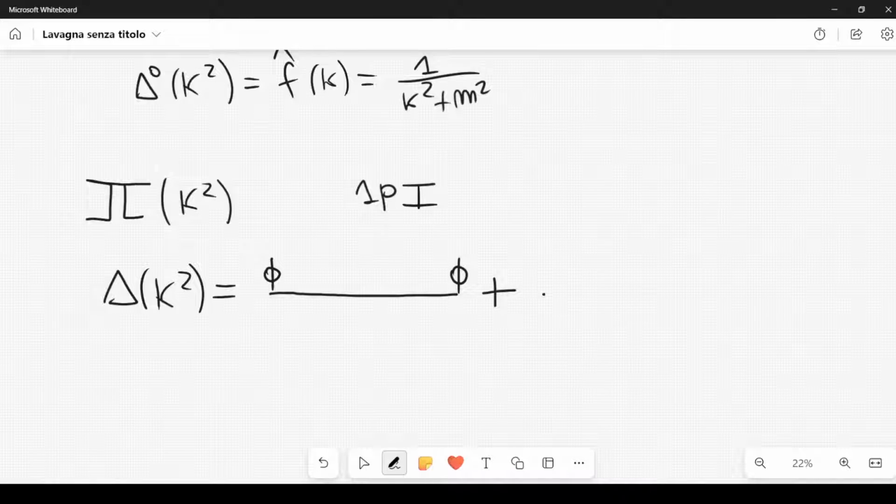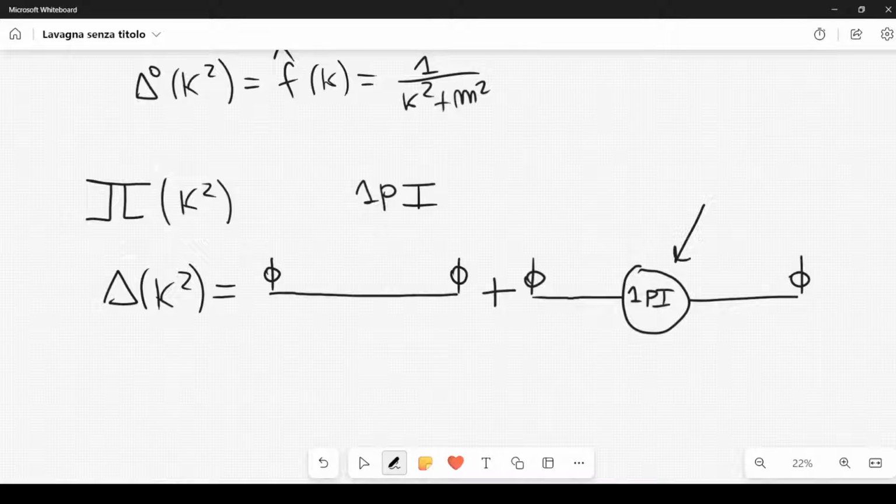Then we have higher order contributions, so here we have phi. Then here we have 1PI, so this stands for one particle irreducible, and we attribute the function capital Pi of k squared to this block. And I will tell you more about it, but just wait a moment before the explanation.